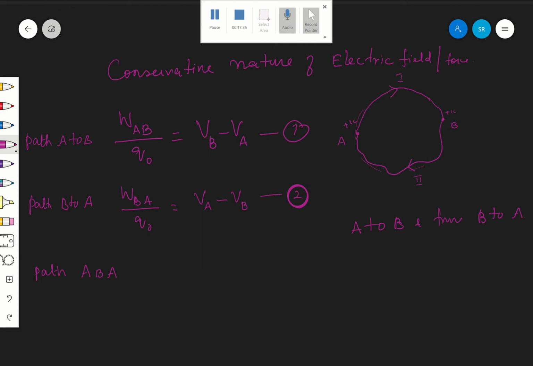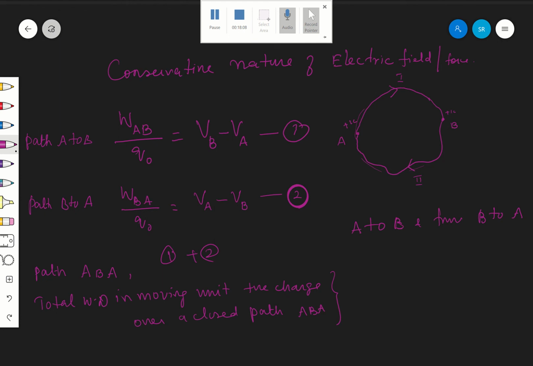That is given by adding 1 plus 2, the total work done in moving a unit positive charge over a closed path ABA.